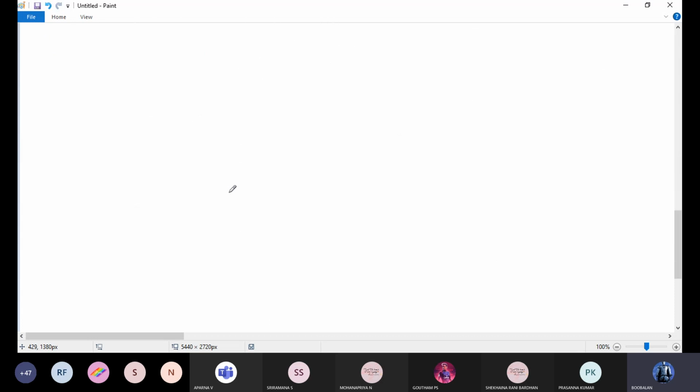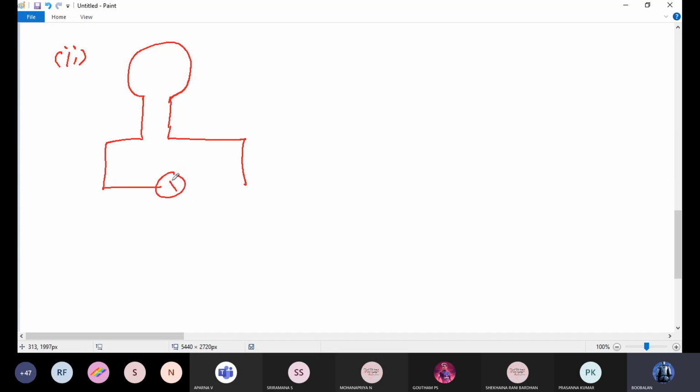Okay, now the second condition. This is a galvanometer, this is one coil.